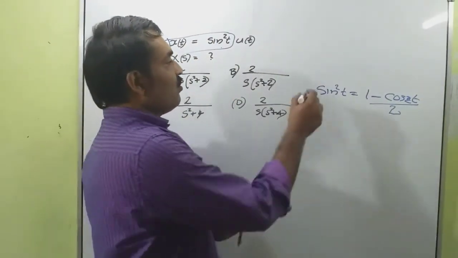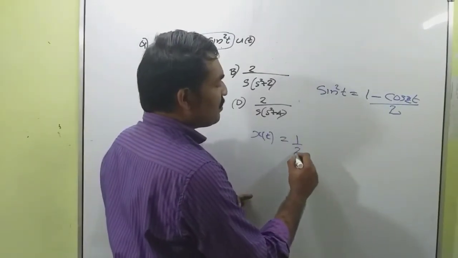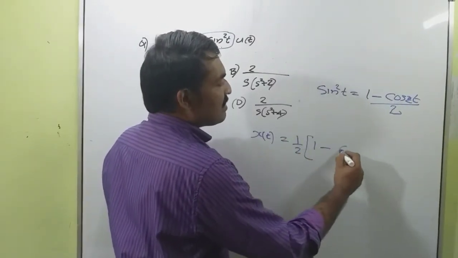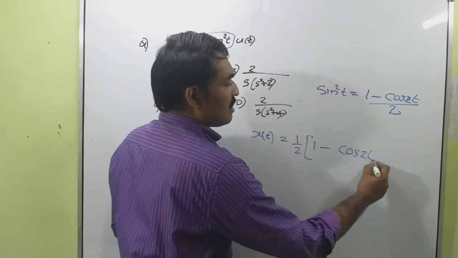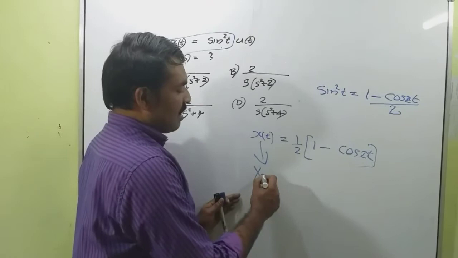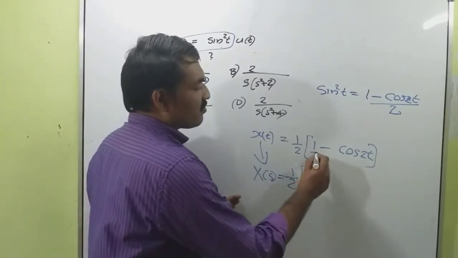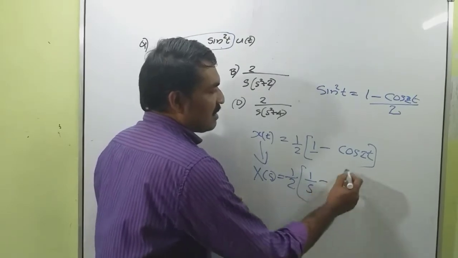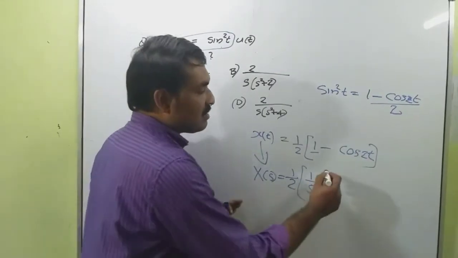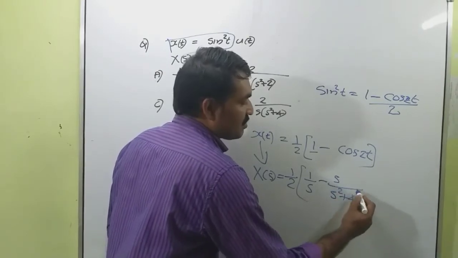Now our x of t is equal to 1 by 2 into 1 minus cos 2t. Now find the Laplace transform. X of s is equal to 1 by 2. The Laplace transform of 1 is 1 by s, minus the Laplace transform of cos 2t, that is s divided by s square plus 4.